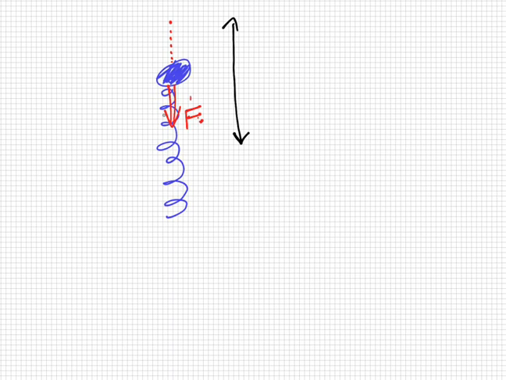So when the spring is here, there's no force. This force is bigger than this force because the distance, the displacement, is bigger. So look, here, no force. It's stable.